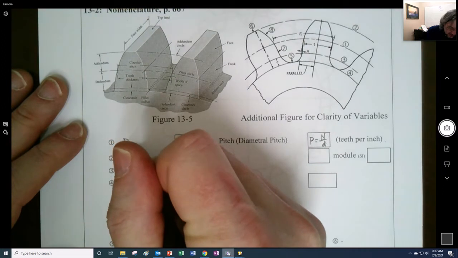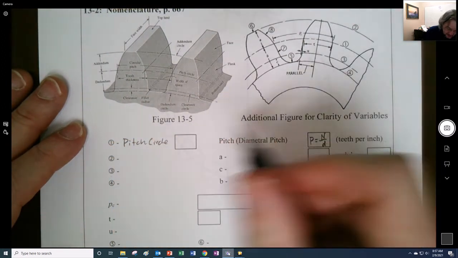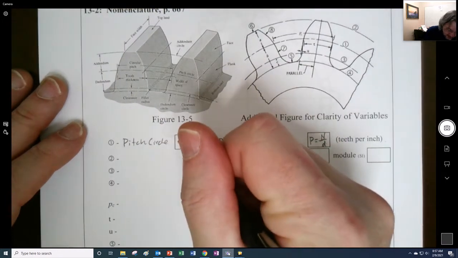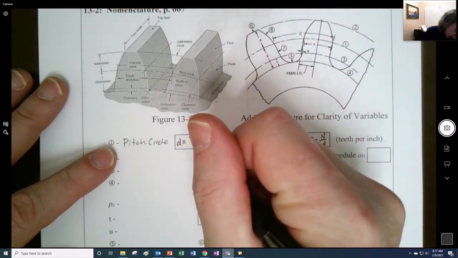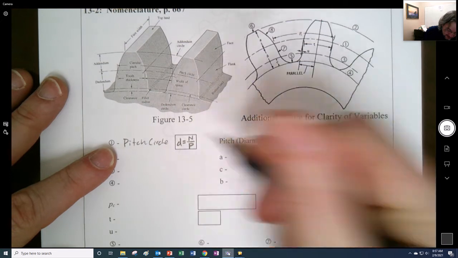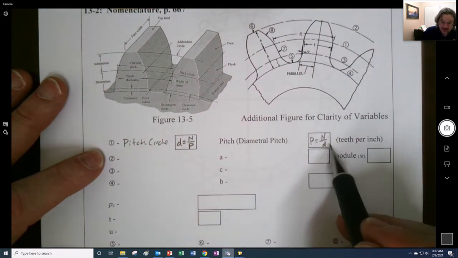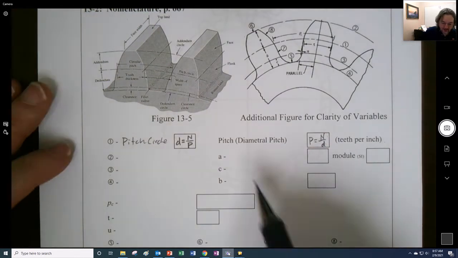So we go, the pitch circle is an important one to have, right? And to find that pitch circle diameter, you take the number of teeth and divide it by the pitch, the diametral pitch, right? So you can just see that these are just interchangeable equations right here.